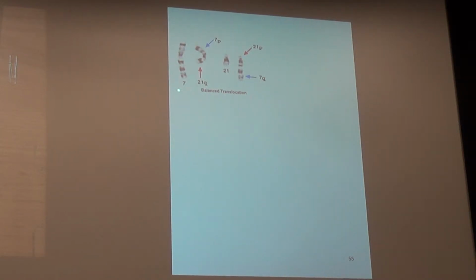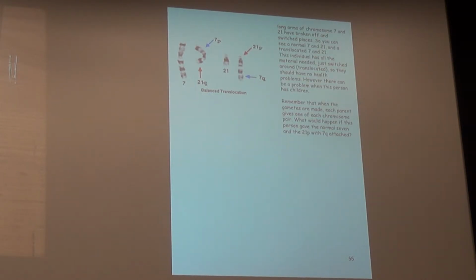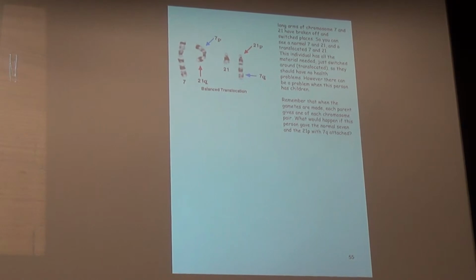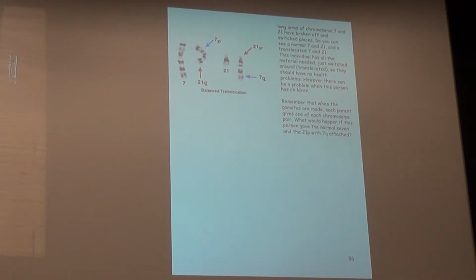This is normal 21, this is normal 7. This is one translocated 7/21, this is the other translocated 21/7. So you see how it is, it's a balanced translocation. Basically, the long arm of chromosome 7 and 21 broke off and switched places. So that's what you end up with.